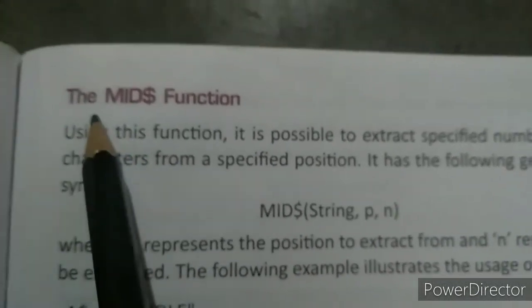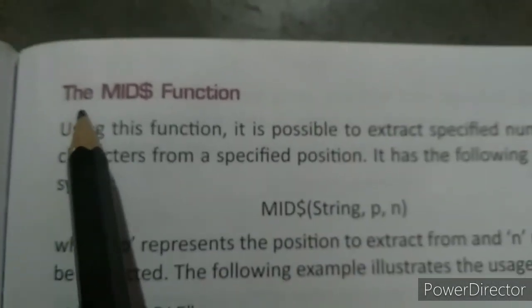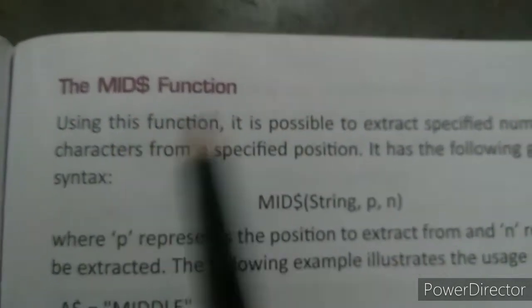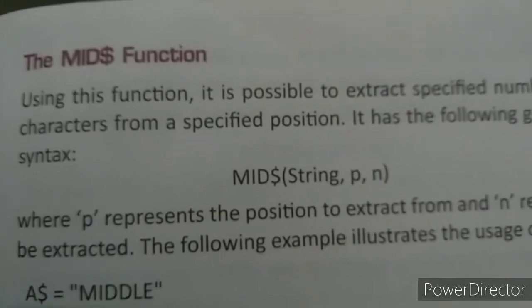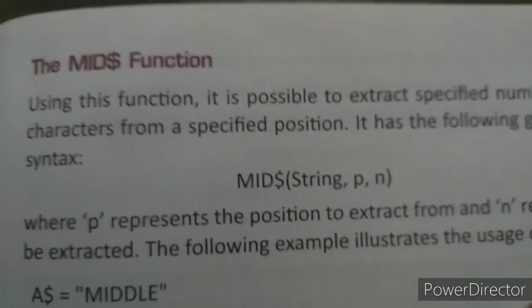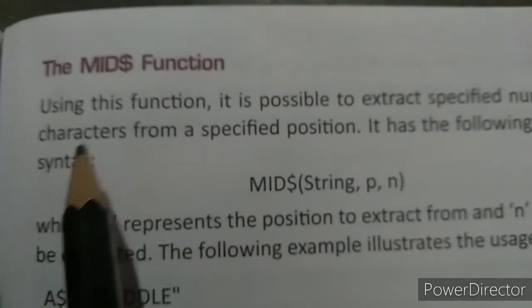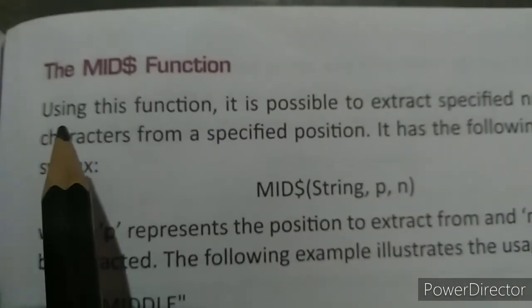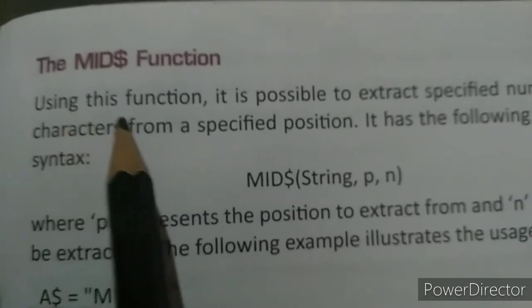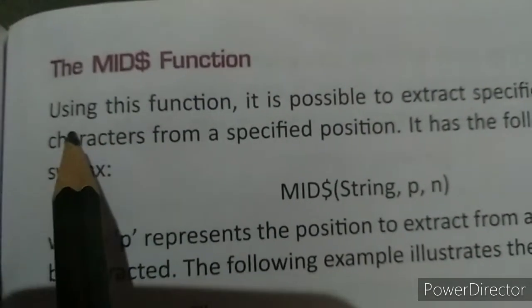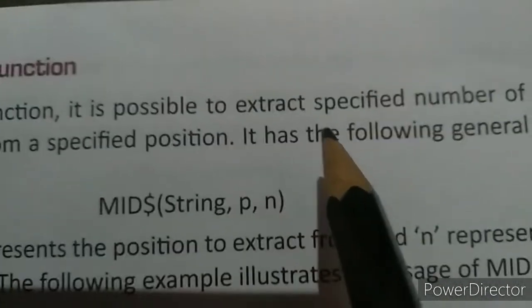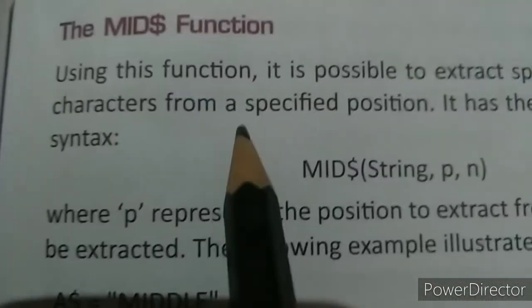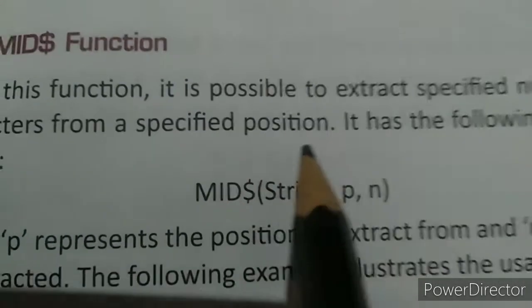Now we have another function, the mid function. This is used to extract the desired number of characters from the middle of a string. Using this function, it is possible to extract a specified number of characters from a specified position.